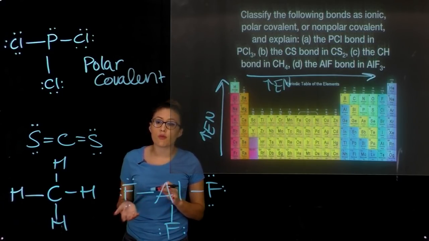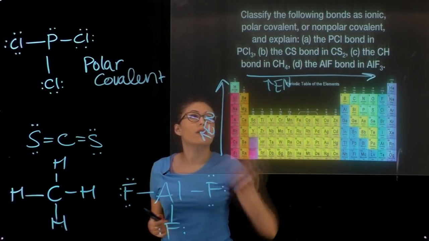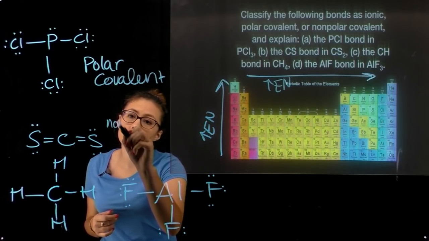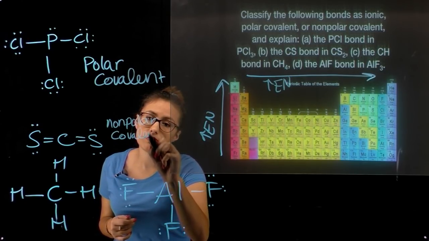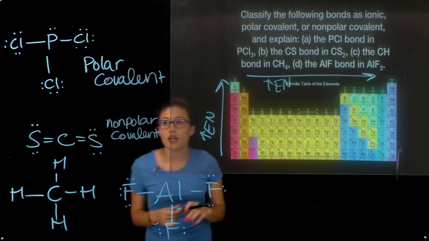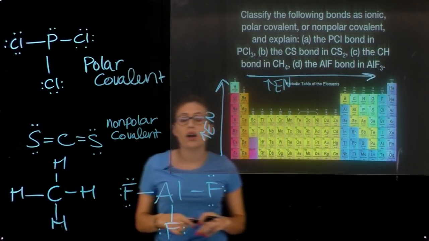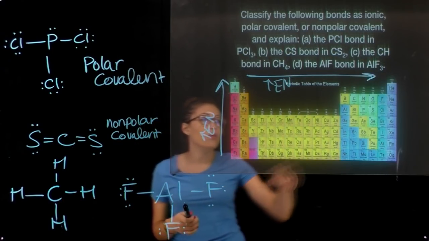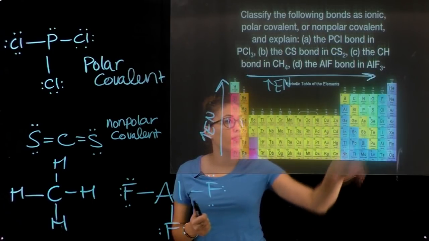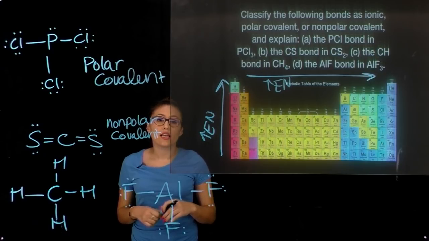They should both be around 2.5, give or take. In the case of phosphorus and chlorine, they were on the same row, the same period of the periodic table, so as you go from left to right, the electronegativity increased severely in that scenario.